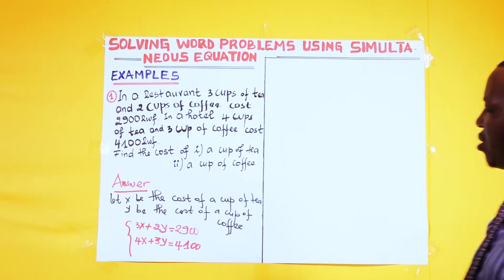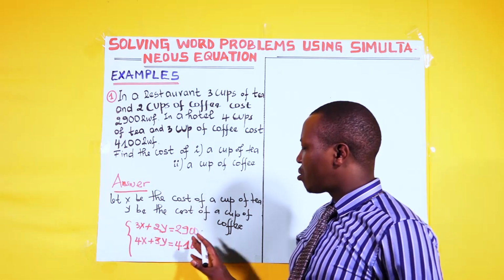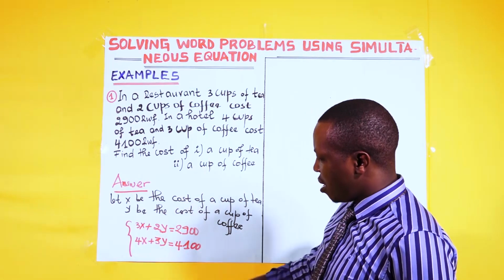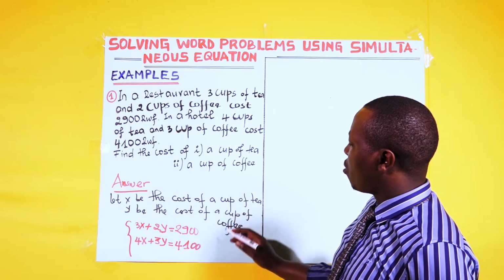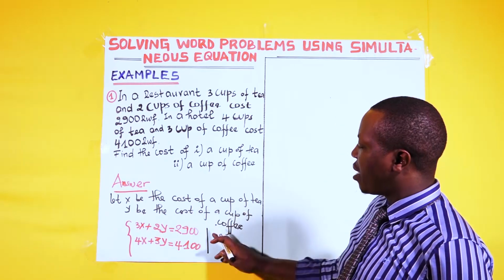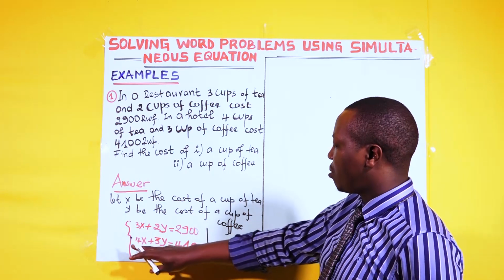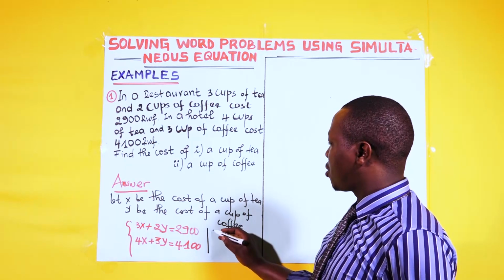And then we are going to solve such a system like this one. We have 3x plus 2y equals 2,900 and 4x plus 3y equals 4,100. So we are going to search for a number that you can multiply the first equation by, and then we also search for a number that you can multiply the second equation by, so that x cancels out. So how?